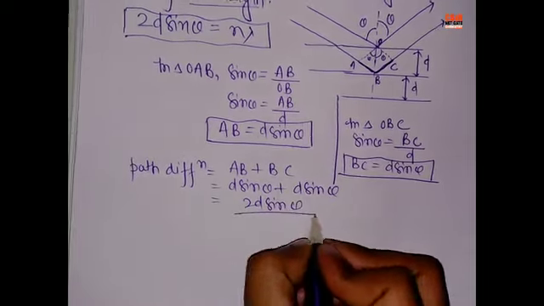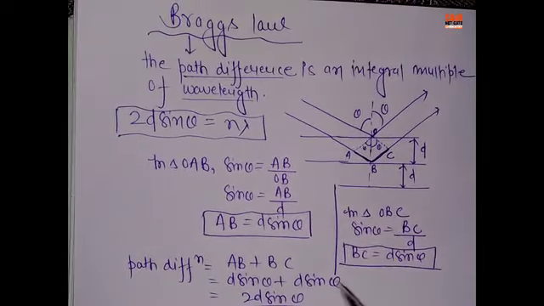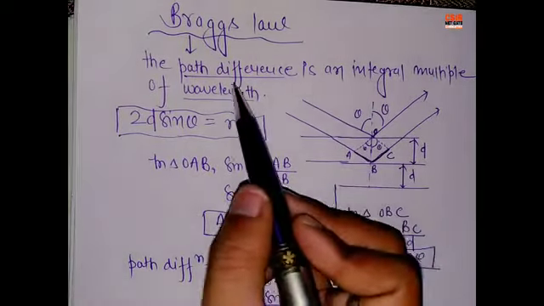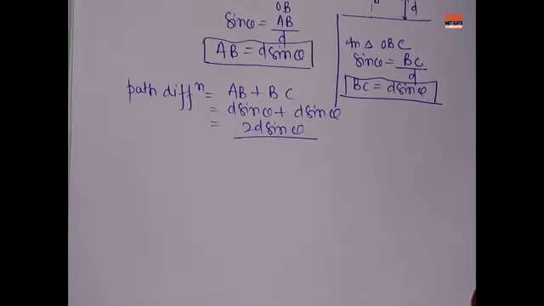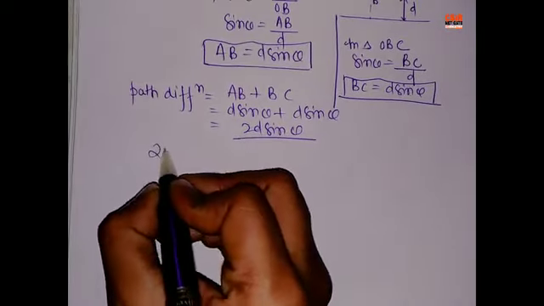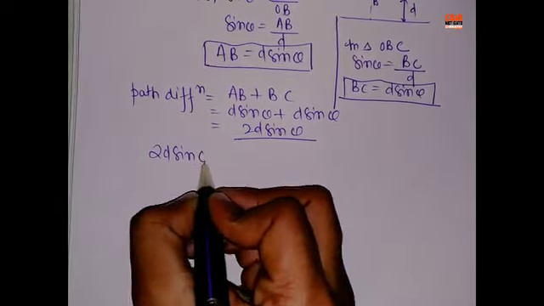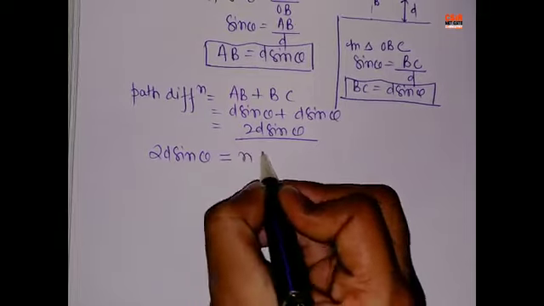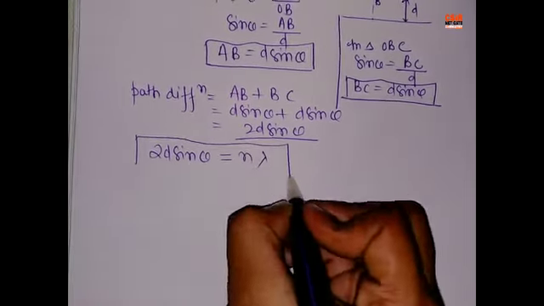And in Bragg's law, I told you that the path difference is an integral multiple of wavelength. So we can write 2d sine theta equals n lambda. This is the final expression.